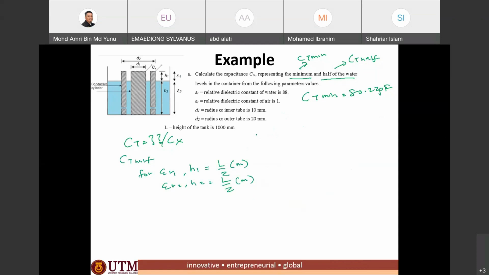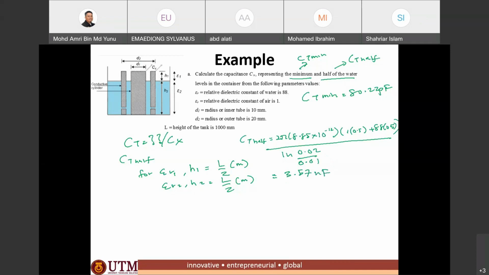So we calculate 1 multiply with 0.5 plus 85 0.5, divide ln 0.02 over 0.01. So we get 3.57 nanofarad.